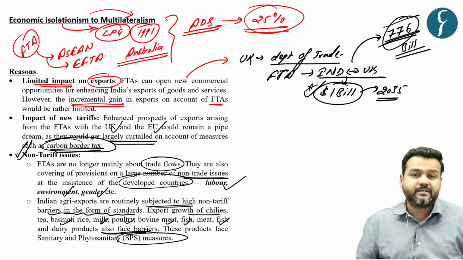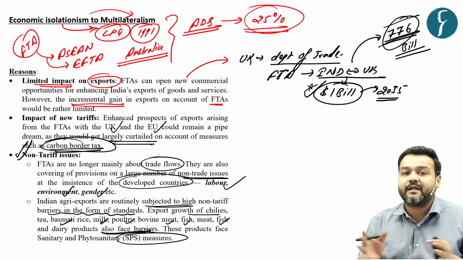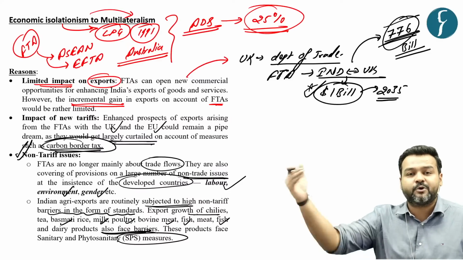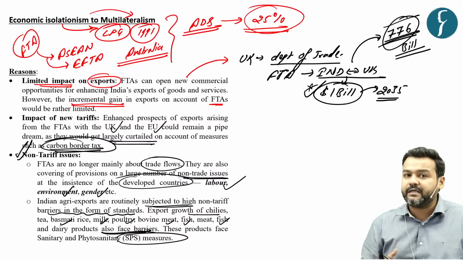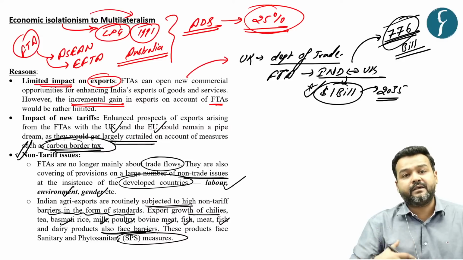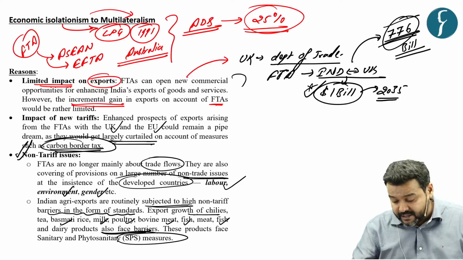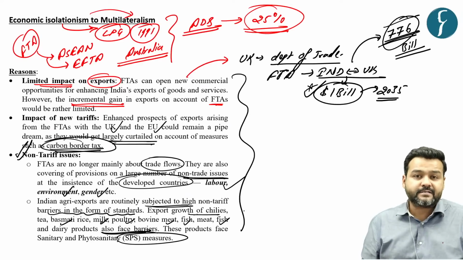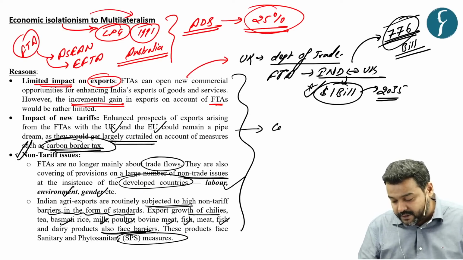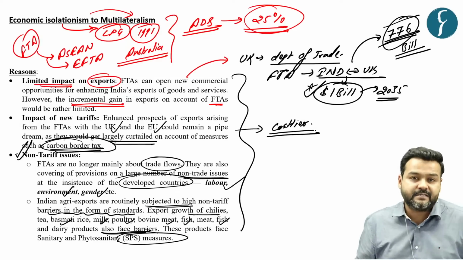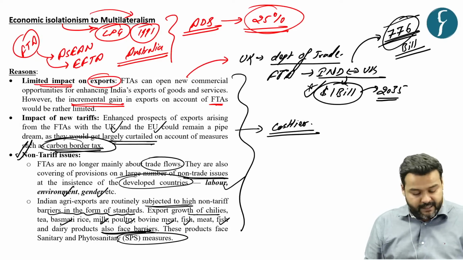So for this, the author says that we need to open up our economy. Don't tax your imports, because you are ultimately making your exports costlier, which are already facing these barriers. Making your export even costlier is not a wiser decision. So that is what the article is all about.